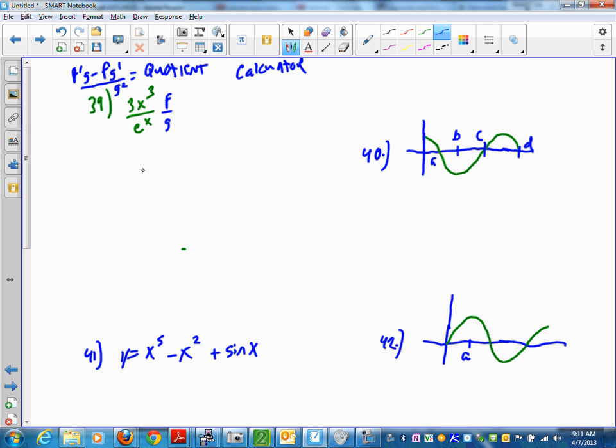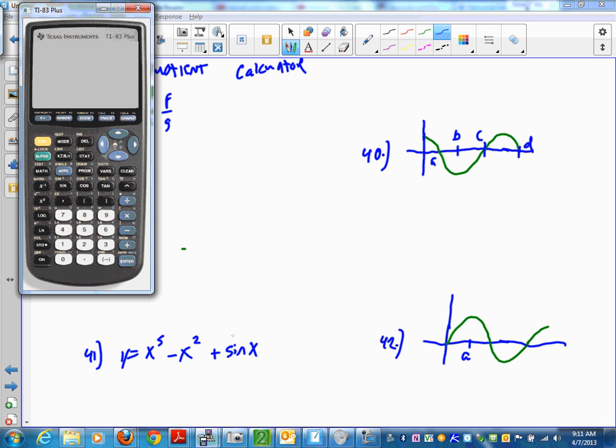We could go ahead and take the derivative. Another choice, and I'll show you that, is to basically put this graph in and go through the answer choices, finding the derivative at each of the answers that they found. For instance, if I go to second calculate and find number 6, I'm looking for the answer to be negative 1.024.